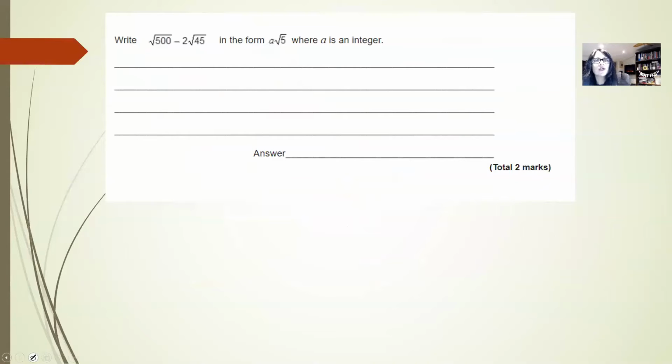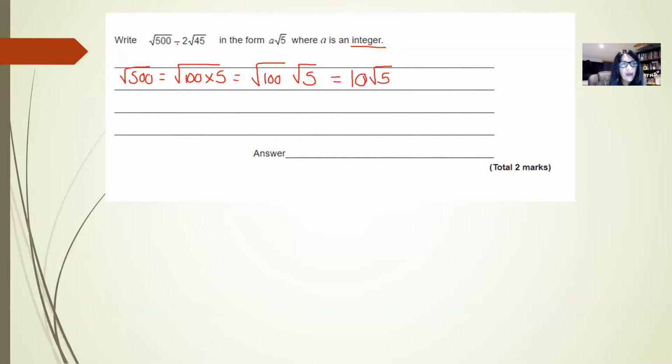Okay. And then another one, root 500, take away 2 root 45. Can you write that in the form A root 5, where A is an integer, a whole number? So root 500, let's go for 100 times 5, which is root 100, root 5. Root 100 is 10. So it's 10 root 5. That's that one. And then we've got 2 root 45.